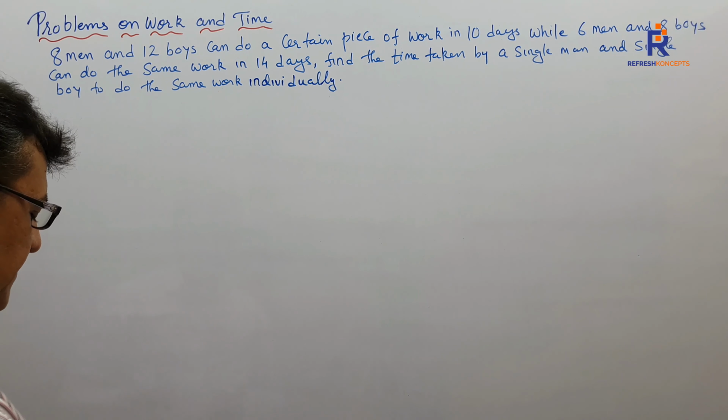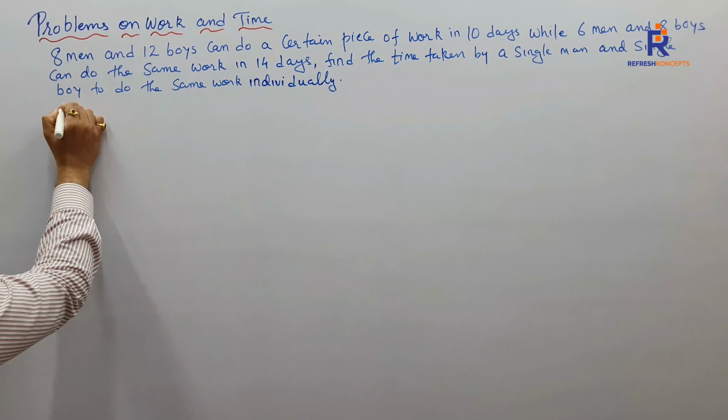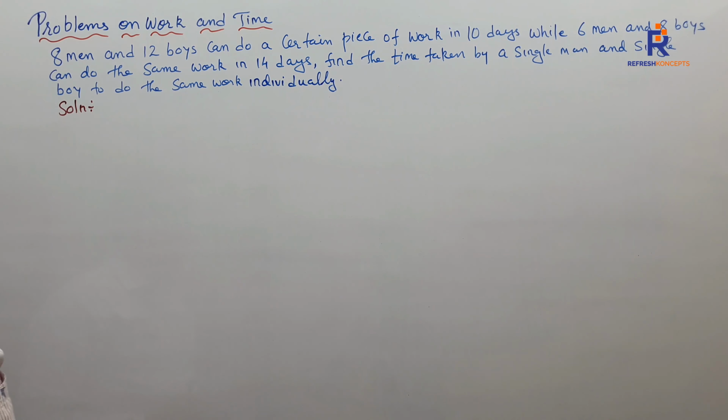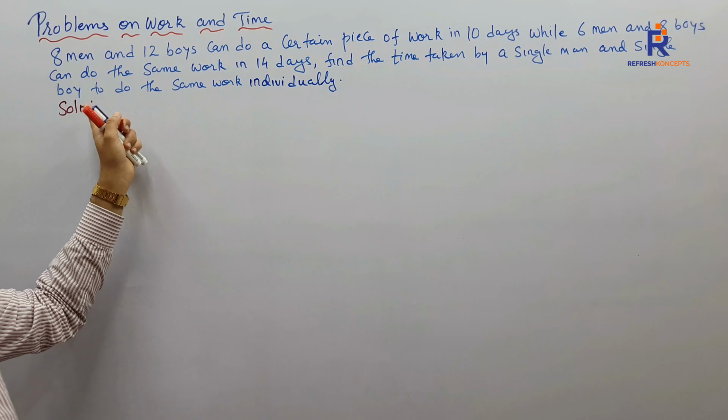Fine, children, let me first start with my sum by making the initial conditions as such. So, what is the time required by a single man? So, we initialize our sum. Find the time required by a single man and a single boy.